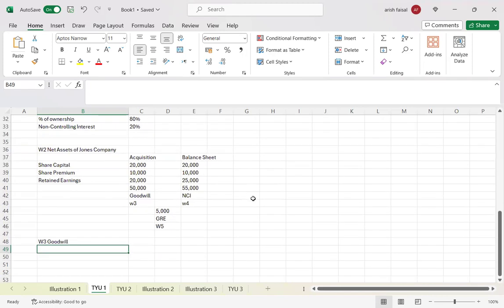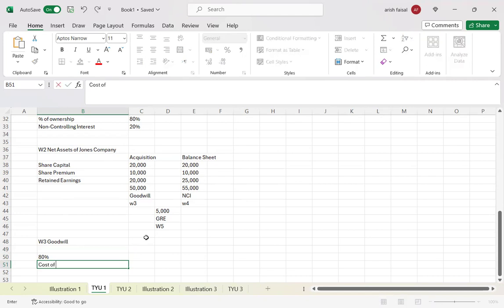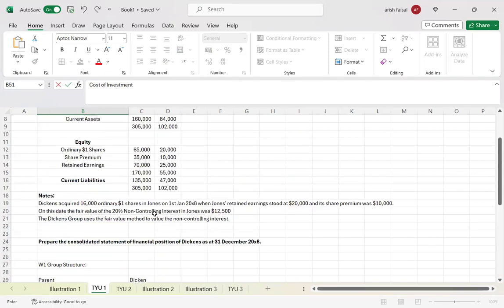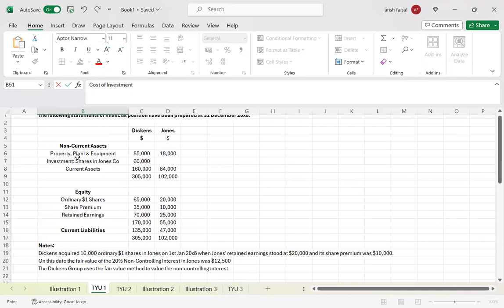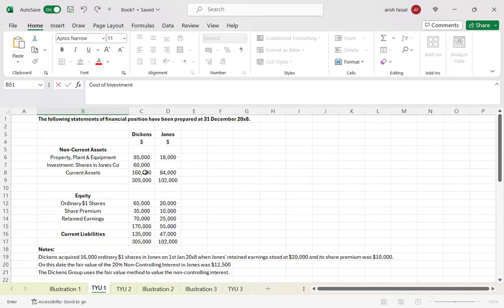Now, for the goodwill, we have to first work out the 80 percent of the goodwill, which belongs to the parent controlling part. For that 80 percent, the cost of investment, you can figure it out from the balance sheet over here. Dickens have written in their balance sheet that they have an investment, which is shares in Jones Company, and they have paid 60,000 for that 80 percent.